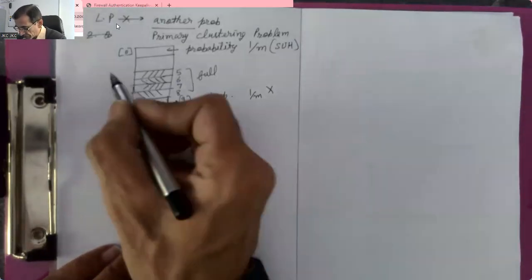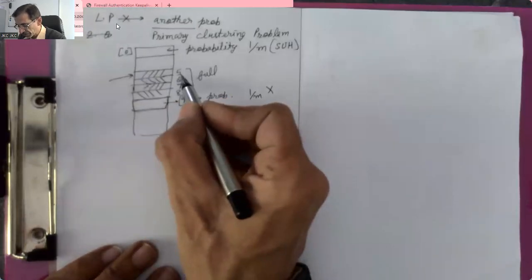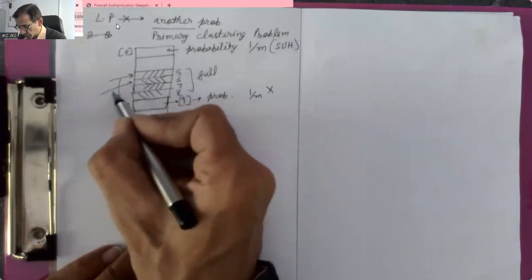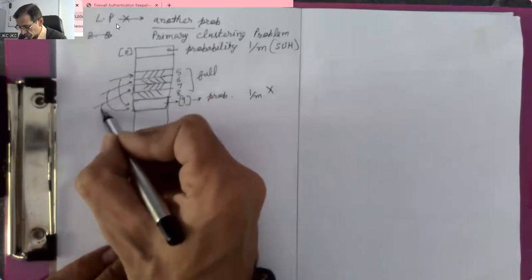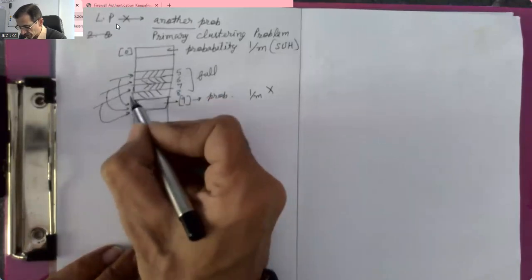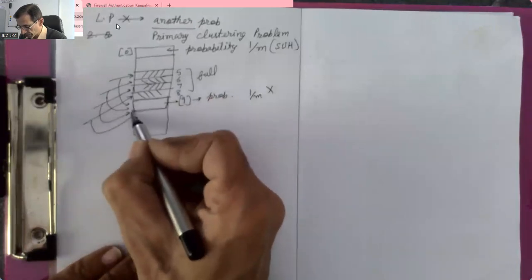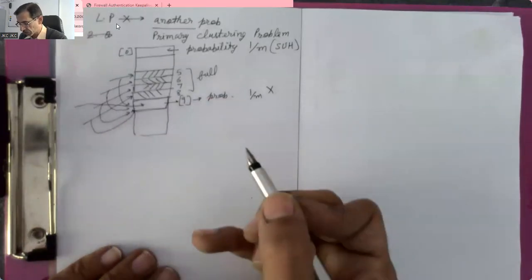Why? If some value was supposed to come to address 5, that will also come here. Some value was supposed to come to 6, that will also come here. Some value was supposed to come to 7, that will also come here. Some key value was supposed to come to 8, that will also come here. And any value which was supposed to come to 9, that will also come here.